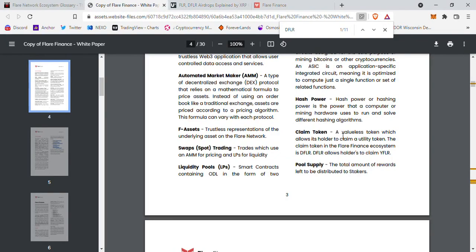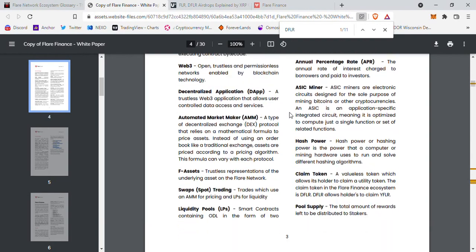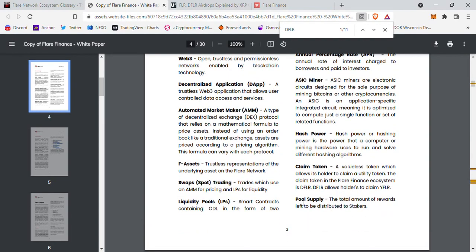And another thing about DFlare, this is on the actual Flare Finance white paper, and I'll leave this link in the description as well if you want to read through it. Basically, DFlare is a claim token, and it is a valueless token which allows its holder to claim a utility token.